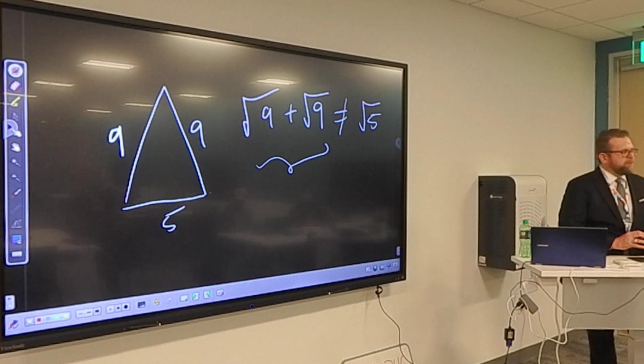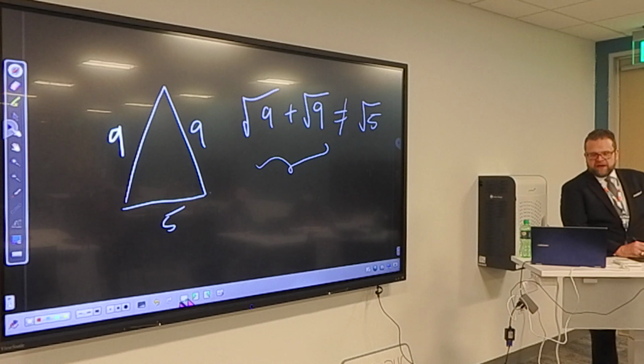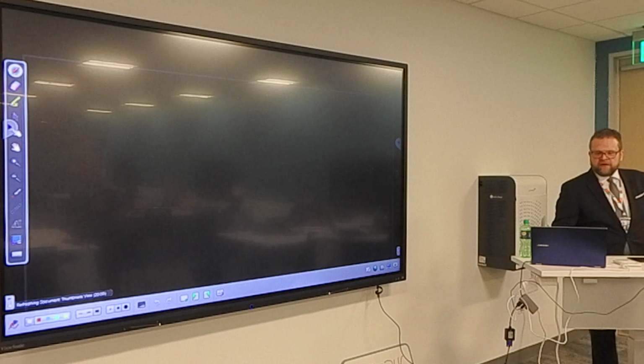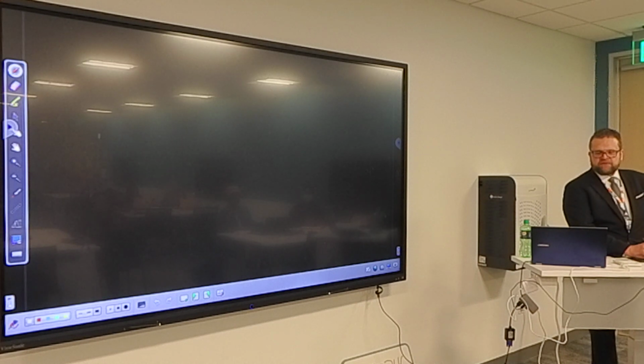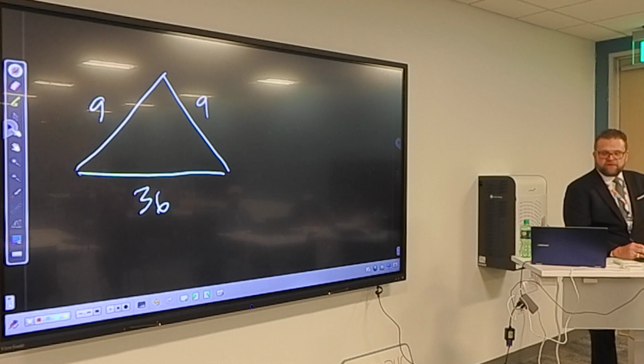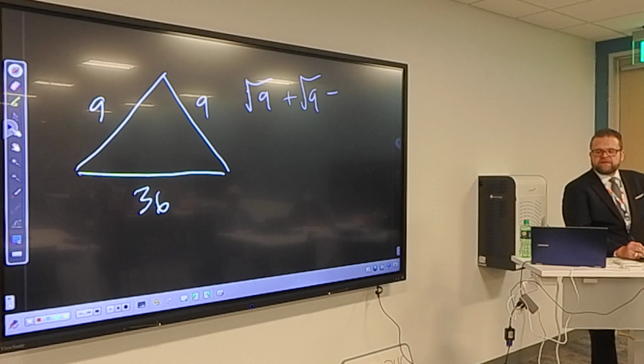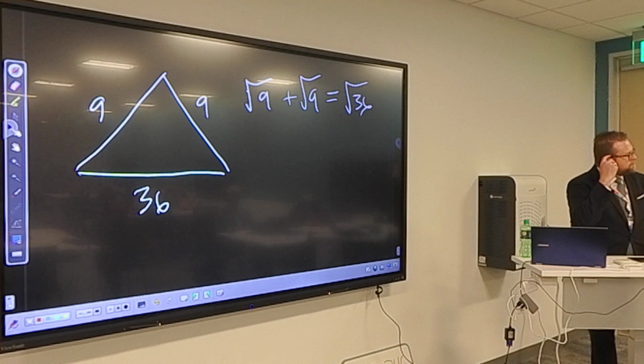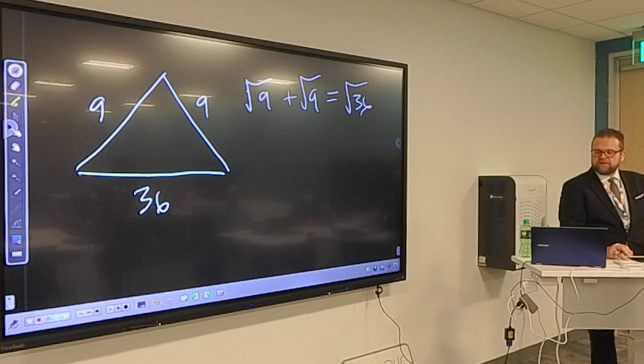Even if I purposefully designed an isosceles triangle where it would get satisfied, like say 9, 9, and 36, that's an isosceles triangle, then the square root of 9 plus the square root of 9 is equal to the square root of 36. That's true, isn't it? It just says 3 plus 3 is 6.